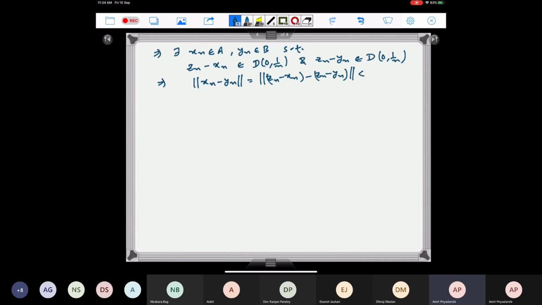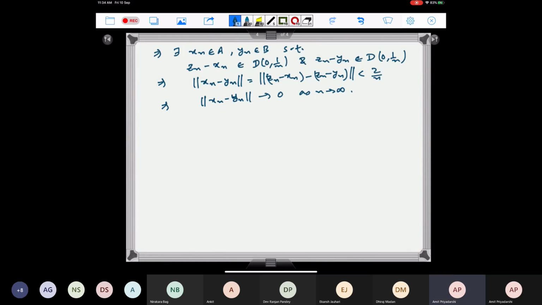So the norm of xn minus yn is less than 2 by n, which goes to 0 as n goes to infinity. So assuming those two sets are not disjoint, we find a sequence in A and a sequence in B such that the distance between them goes to 0.